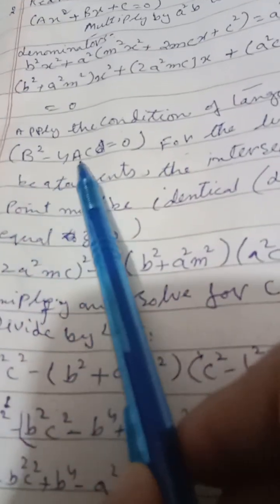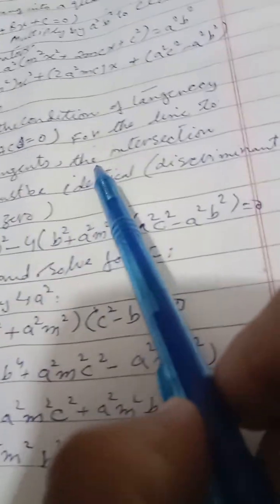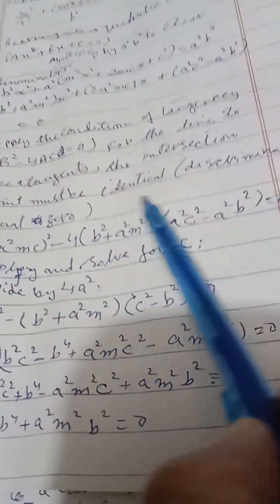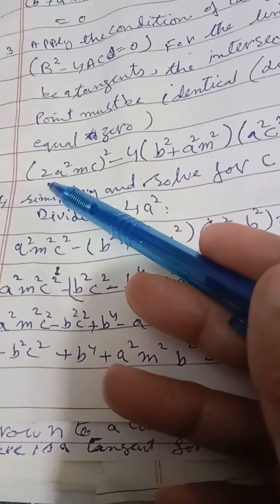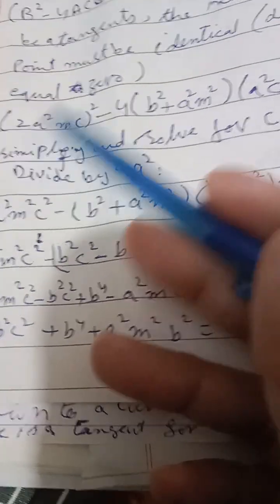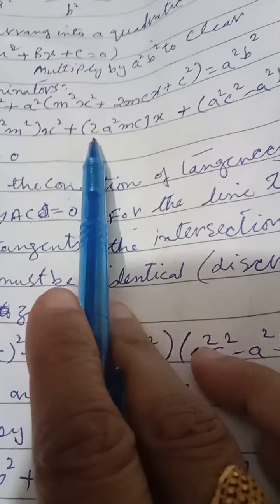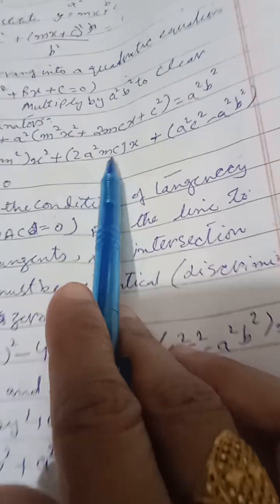Applying the condition of tangency, b square minus 4ac is equal to 0 for the line to be a tangent. The intersection point must be identical, so the discriminant is equal to 0. Then by the discriminant formula, here we have 2a square mc.